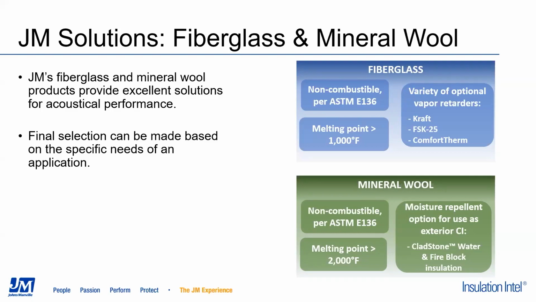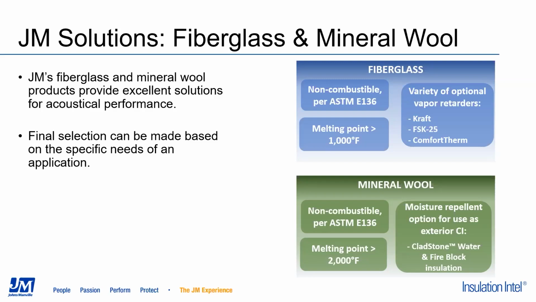So some of the key differences between these two product portfolios are really more in terms of their available options. JM's fiberglass insulation portfolio has options for both unfaced and products that are faced with a variety of vapor retarders.